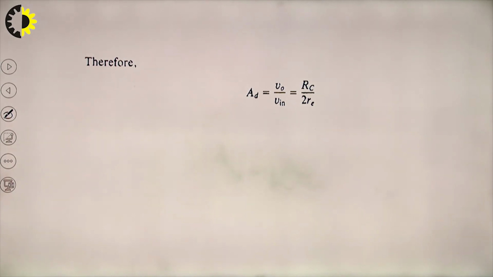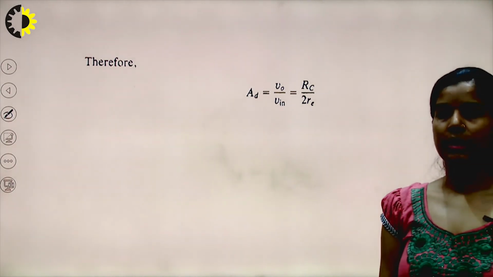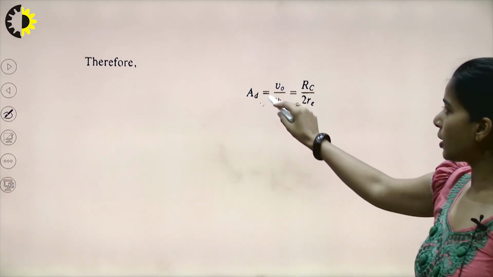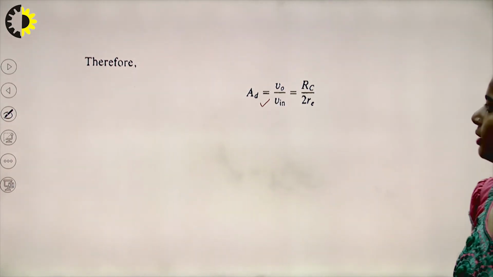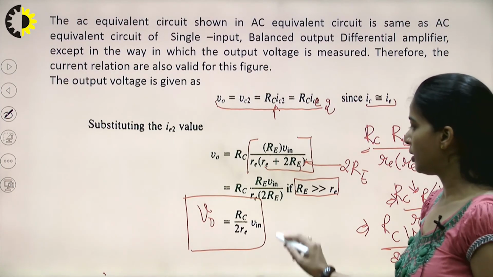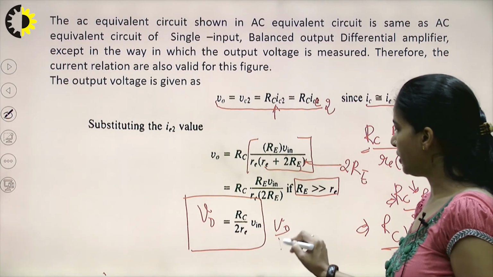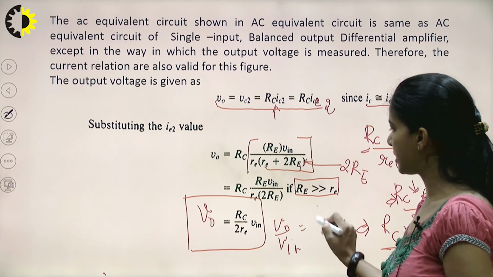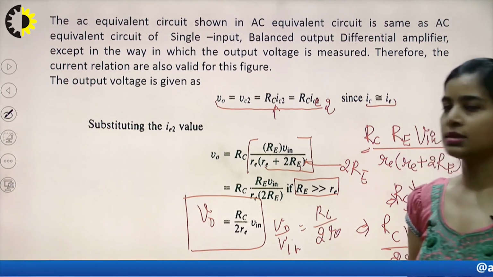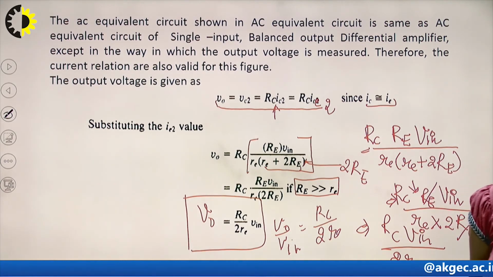The gain for this single input unbalanced output configuration is Vout upon Vin, and when we divide the expression of this output voltage by Vin, we get RC upon 2re, that is the gain of the amplifier.